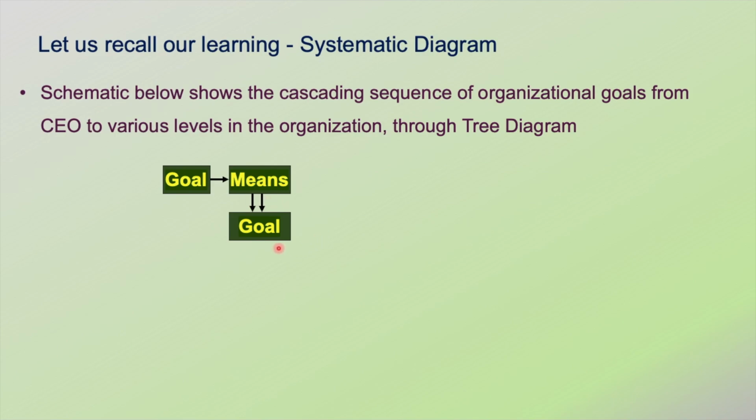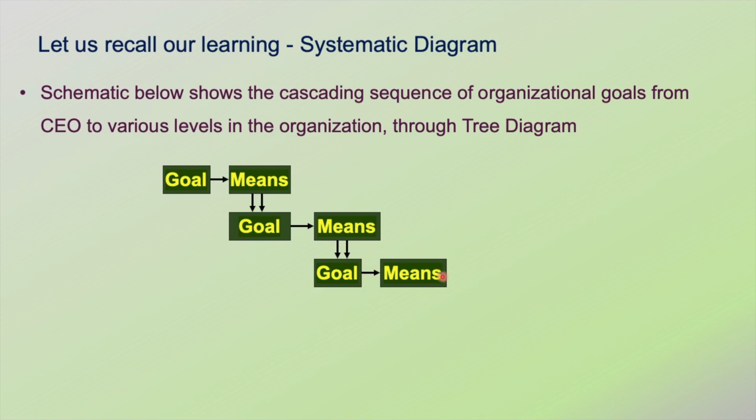Those goals are again divided into means and deployed to the next level as goals, for example general manager, and from there again to section head and section manager. From there they are divided into executable actions and assigned to various individuals.